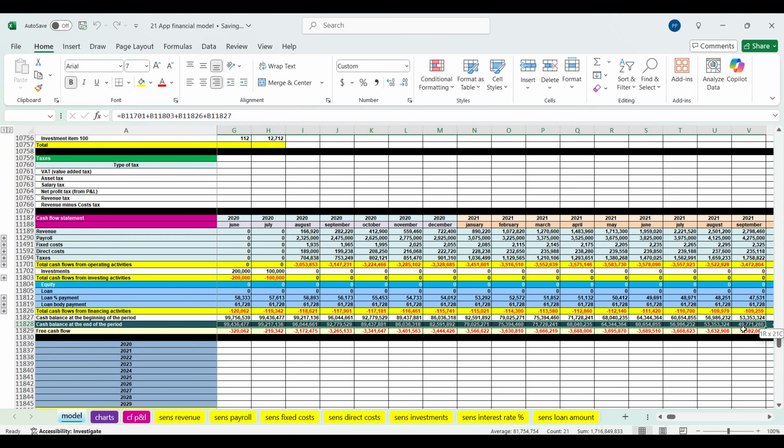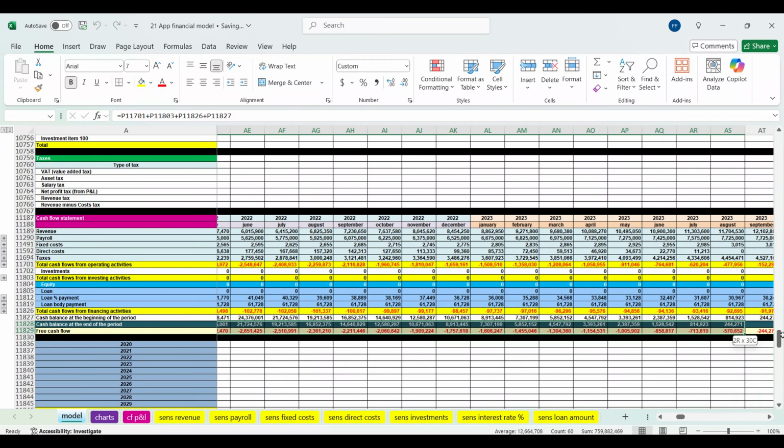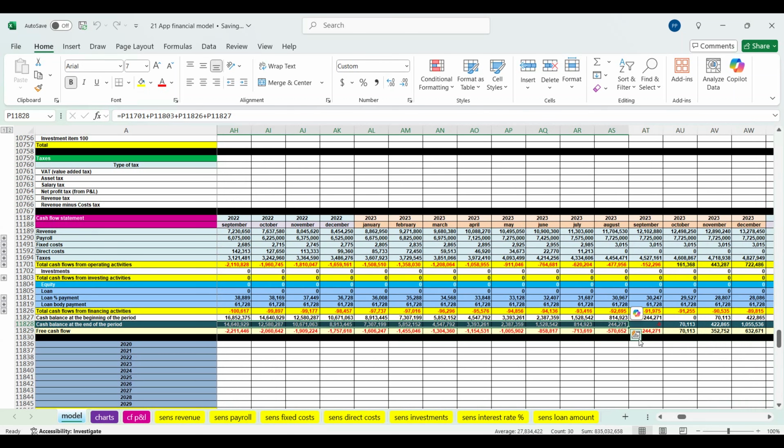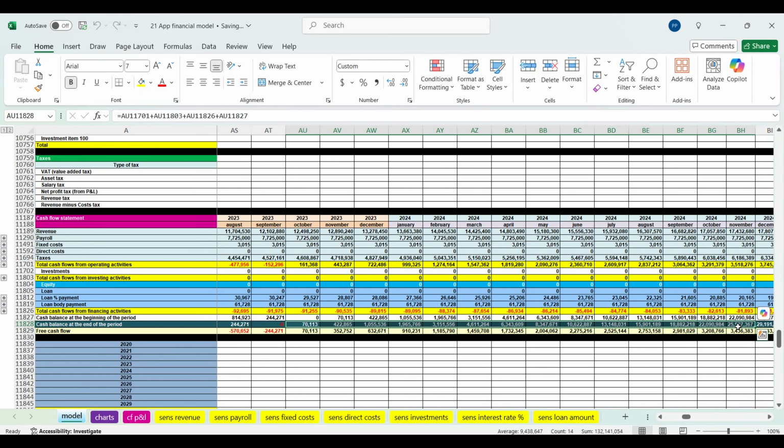So the amount of the cash balance is melting, it's getting lower, and then it starts being mathematical zero, and in October 2023 the project starts generating its own profit. We don't need extra financing.